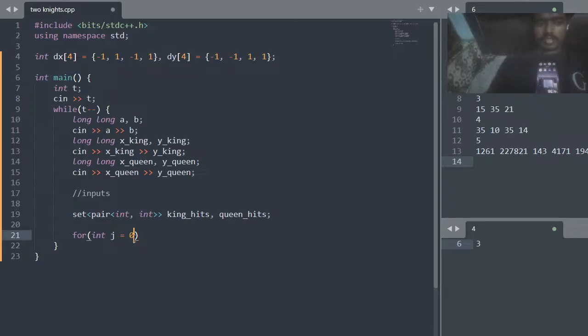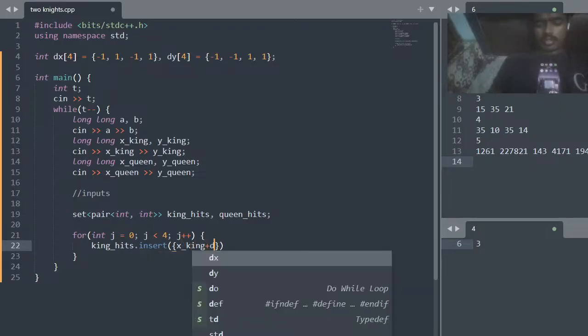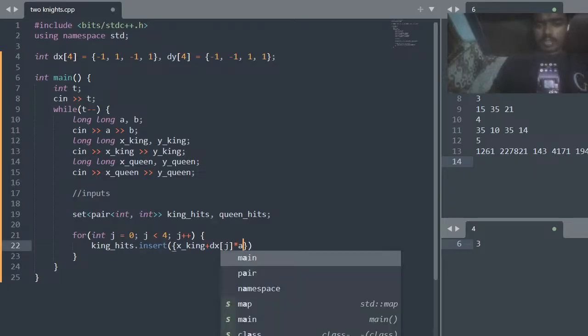Right. So and the increment. Right. So then like king heads dot insert as king j, right? j हो गया, a हो गया, right?